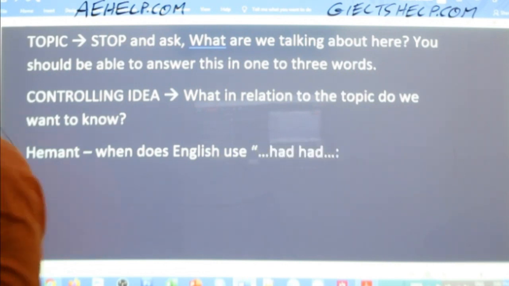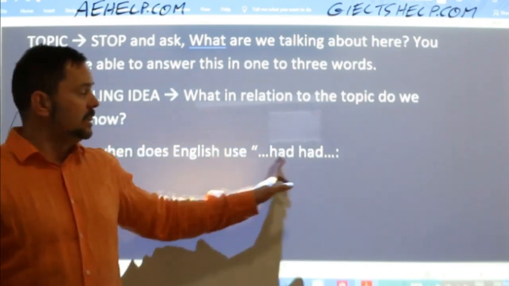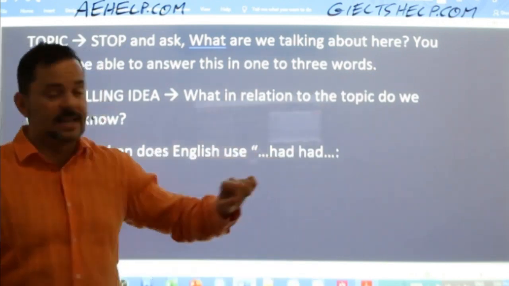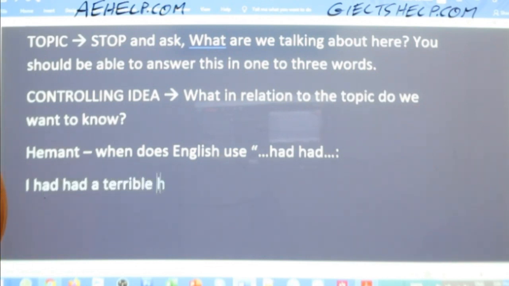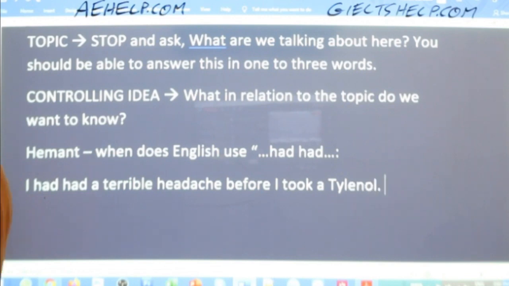Okay, so when you see this, had is being used in two different contexts or two different meanings. Hemant, I had a terrible headache before I took a Tylenol, a very popular kind of painkiller.